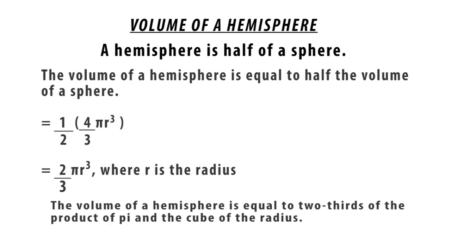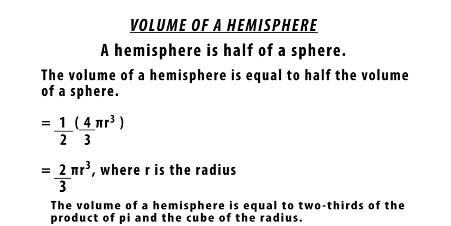So you have the volume of a hemisphere to be half multiplied by 4/3 pi r cubed, and that will give us 2/3 pi r cubed, where r is the radius of the hemisphere.